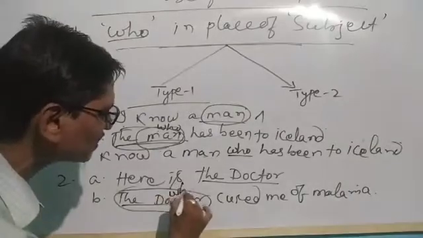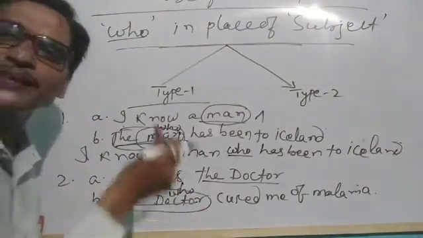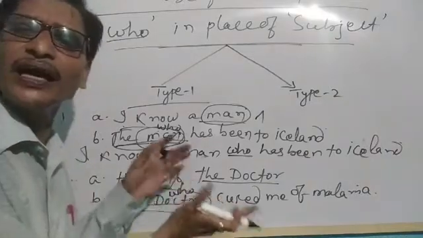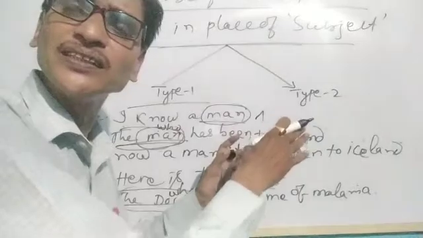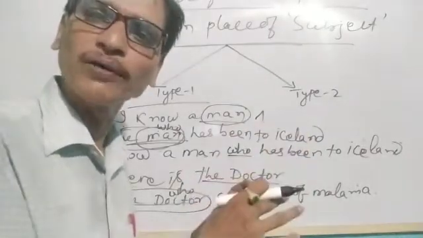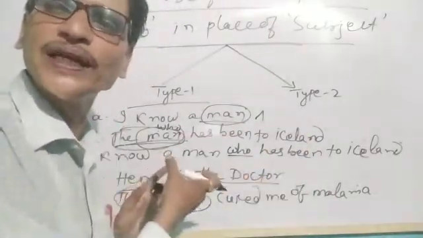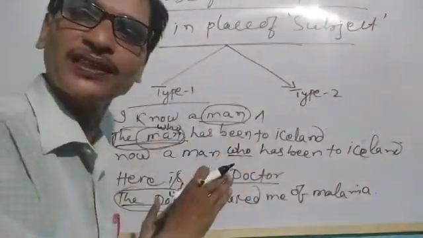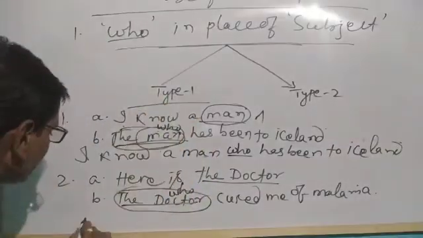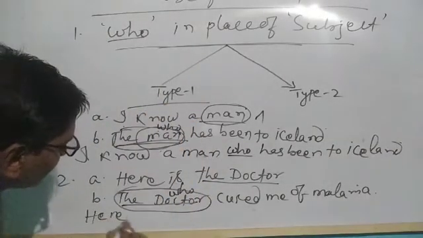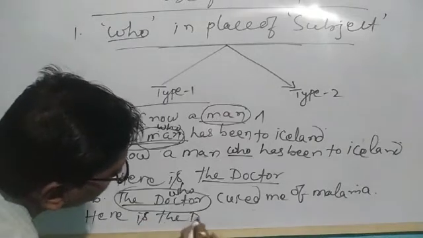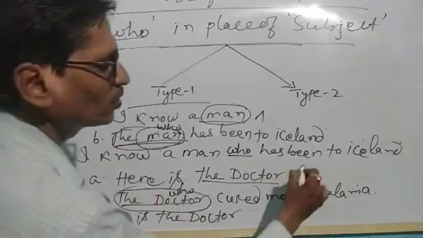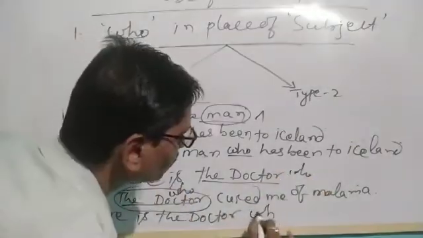So in place of this doctor, we can use who, because according to type 1, we are taking the second sentence and adding it to the first sentence using a relative pronoun. Though it is a person, we can use who, again because it is used as a subject. So what should be the combination? Here is the doctor who cured me of malaria. We can use who.